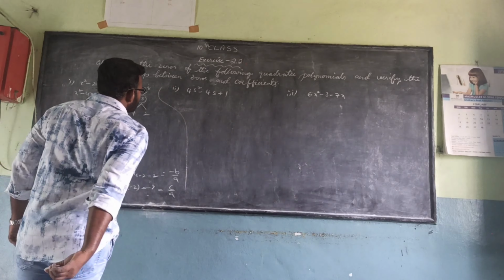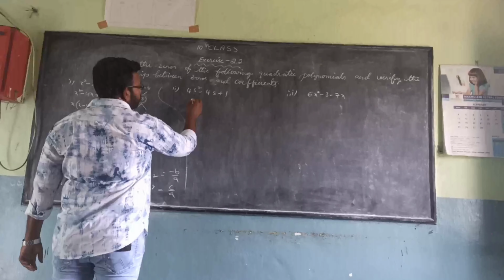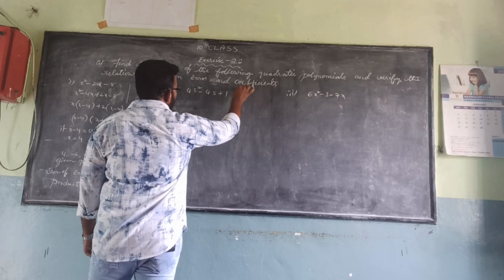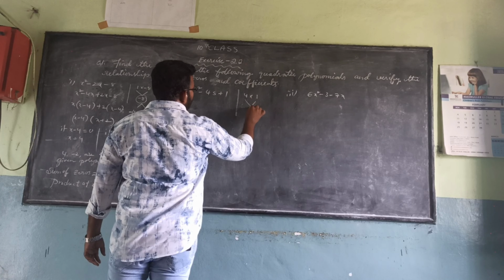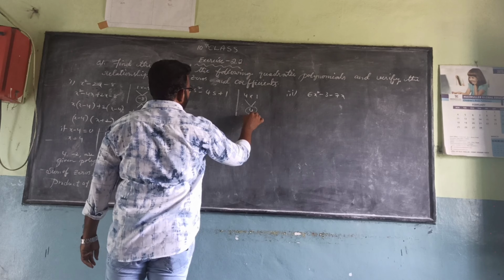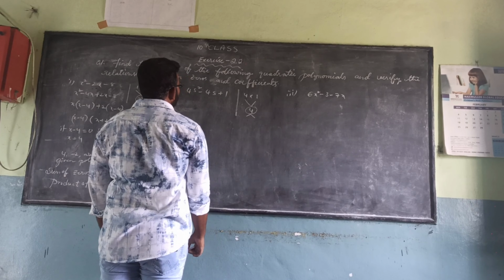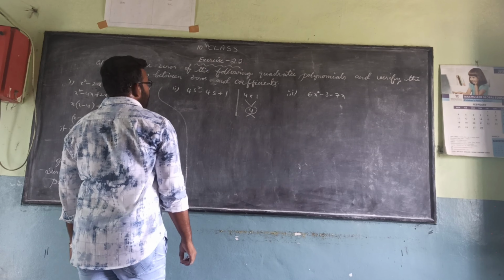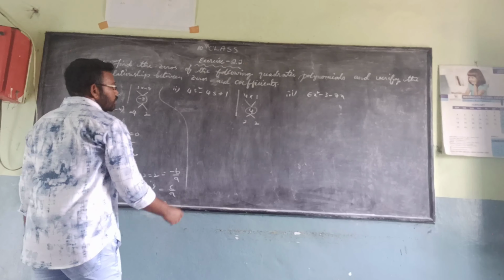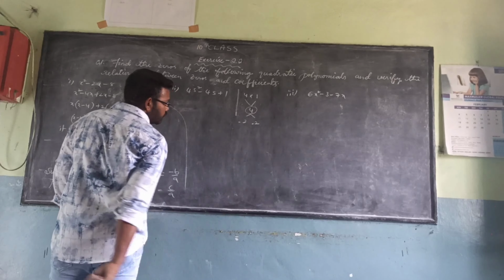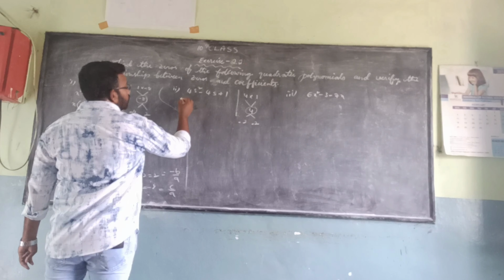Now, if you observe the second one, you can split it this way. Since the product is positive and the middle term is negative, you can put negatives on both 2s.